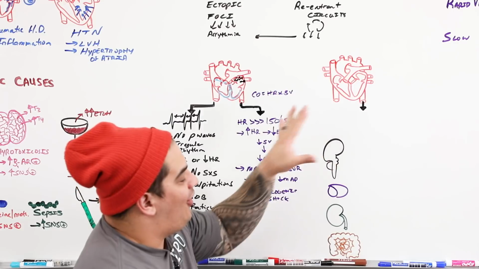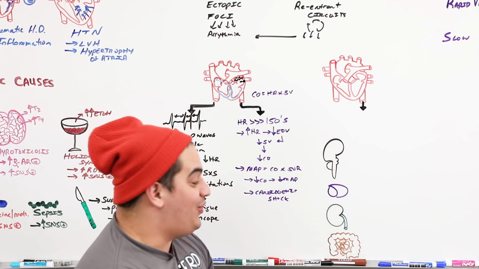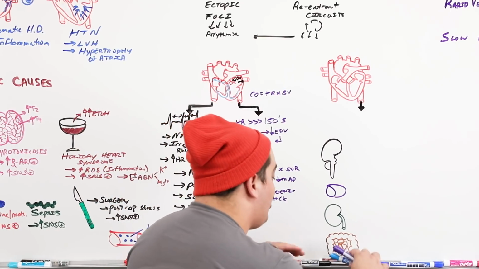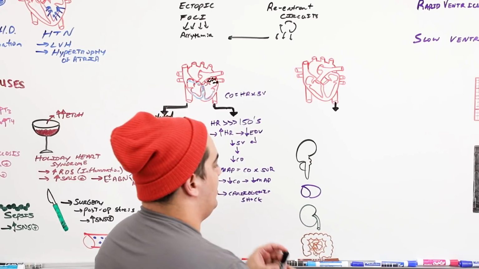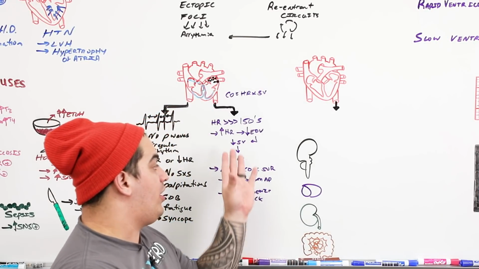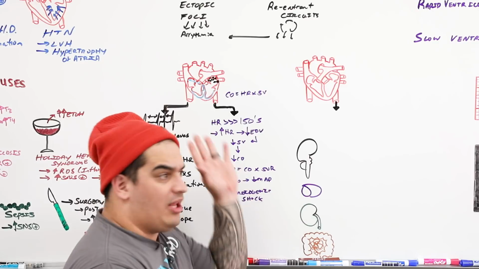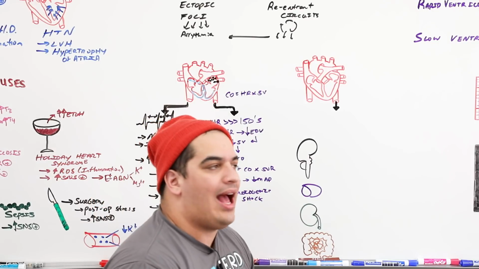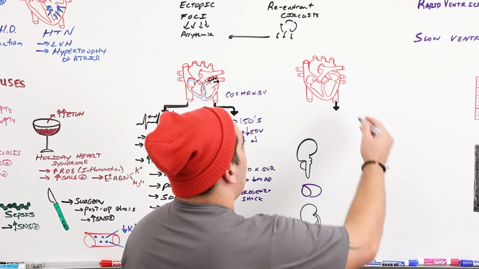Okay? Now, here is the part where you gotta be on point, because this is going to be the big thing. Sometimes patients will never have this issue of cardiogenic shock, of really fast heart rates. They might not even have any symptoms. And you know what happens? All right, ready?